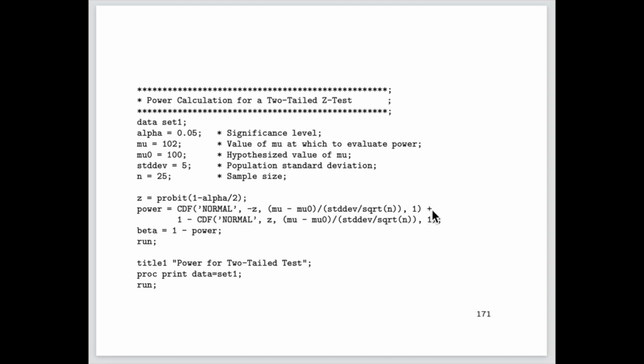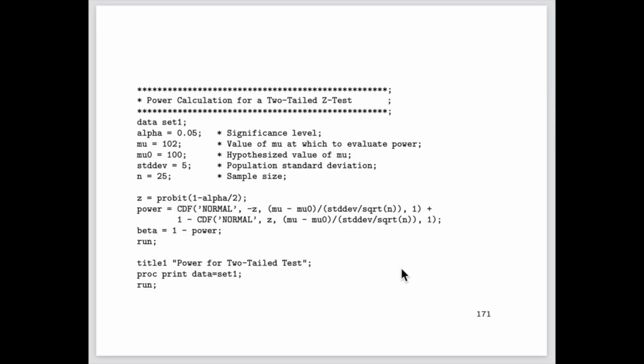Then we add to that 1 minus the CDF function evaluated again, but this time instead of evaluating at negative z, we're evaluating it at positive z. And so the power is equal to this expression, and let me show you again where this comes from.